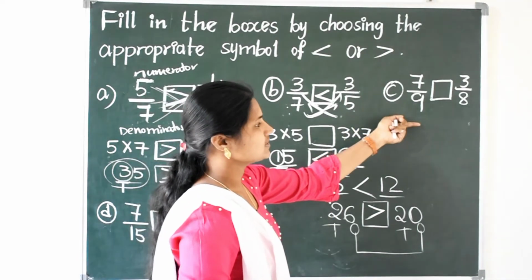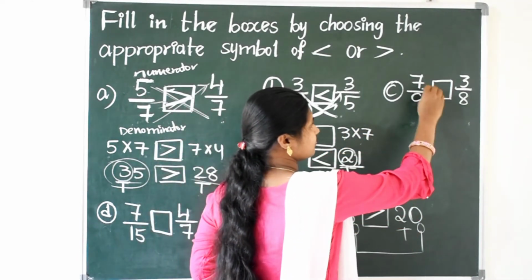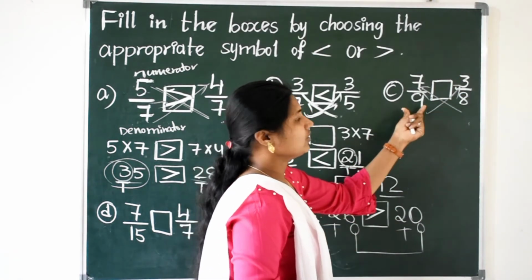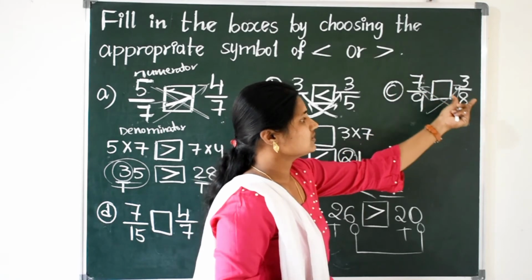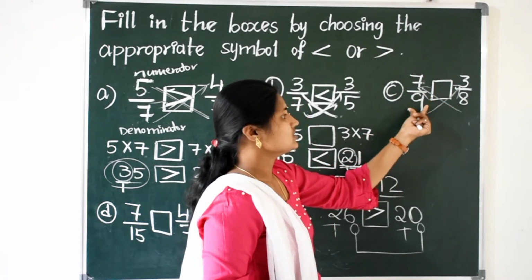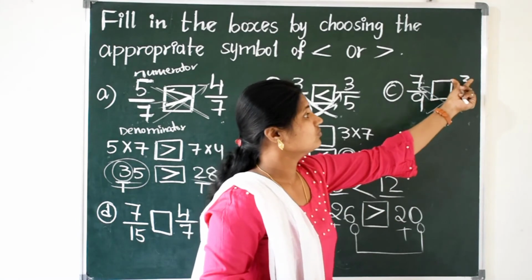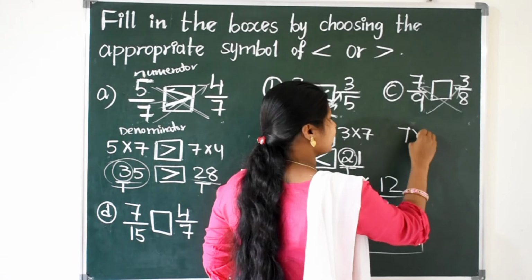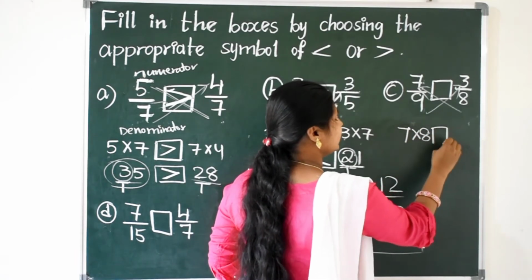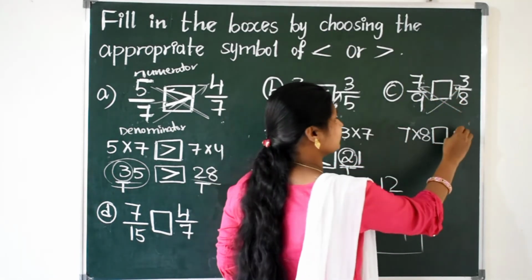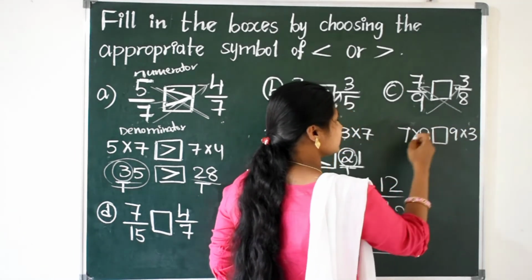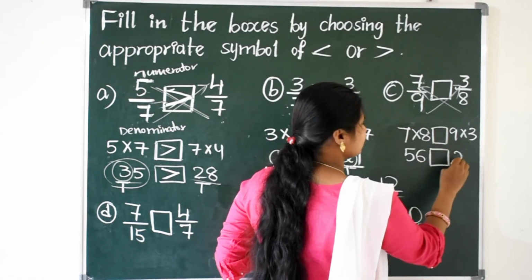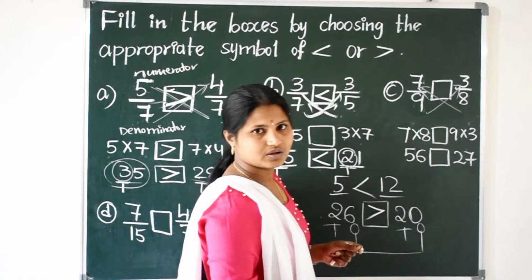Next question. Here also same, cross multiply. Multiply first numerator with second denominator and first denominator with second numerator. See here 7 into 8 and 9 into 3. 7 eights 56 and 9 threes 27.